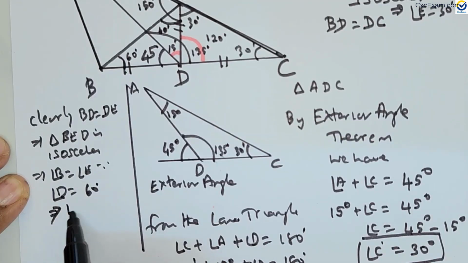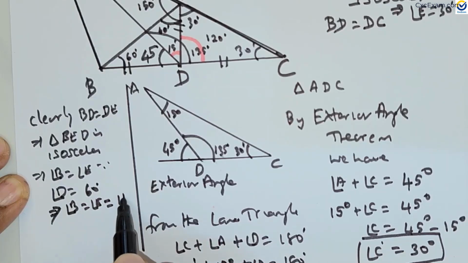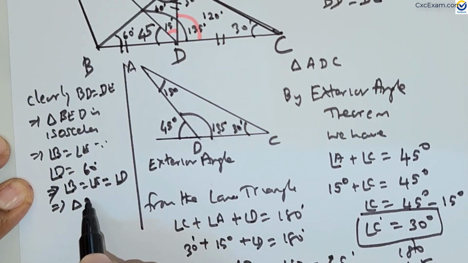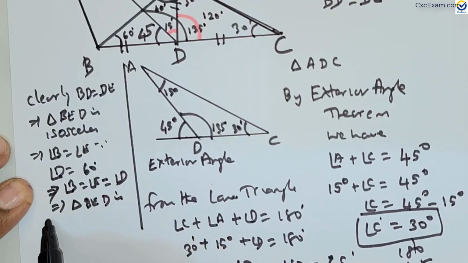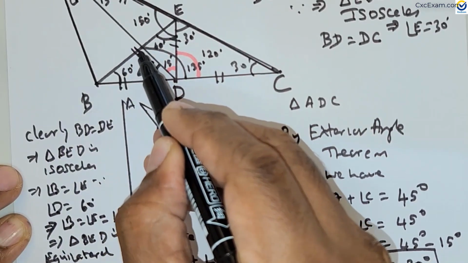Angle B will be equal to angle E will be equal to angle D. This means triangle BED is equilateral, right? That means they all are of the same length.